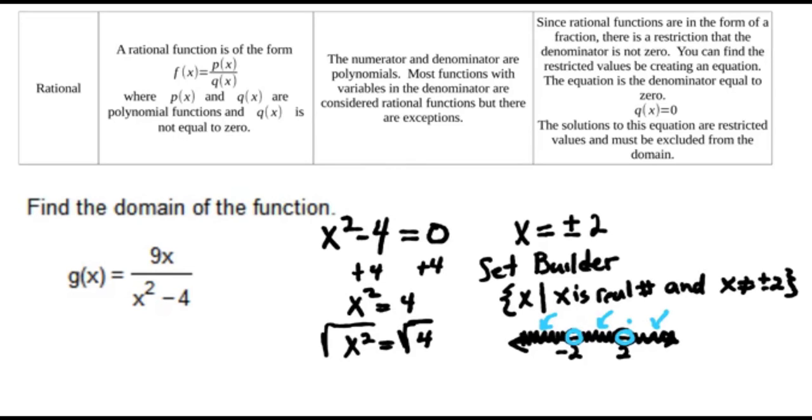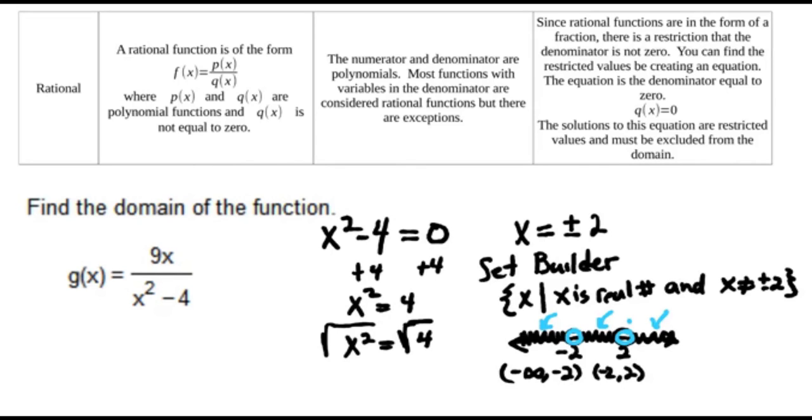So to represent this first one, we need to write the lower bound of -infinity and the upper bound of -2, and we're going to use parentheses on both of those. So that's indicating all the numbers from -infinity to -2. The next interval has a lower bound of -2 and an upper bound of 2.